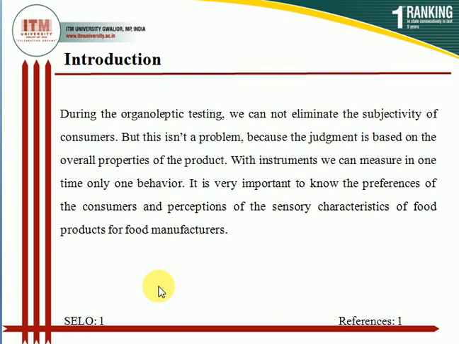But we cannot measure the particular content that is present in the food. We only measure like, dislike, aroma, flavor. Overall property we can measure, but we cannot measure the particular component present in the food that is responsible for flavor, aroma, taste and color.